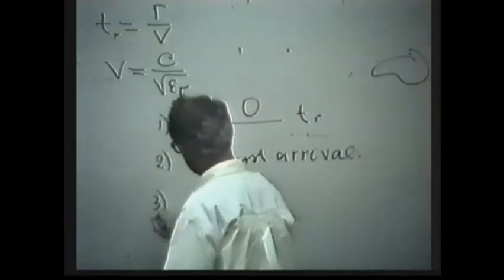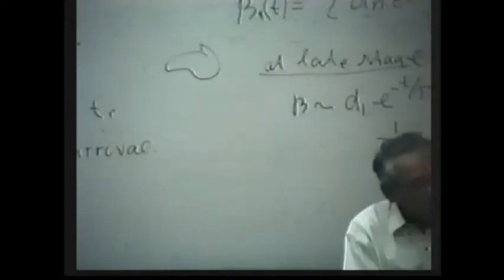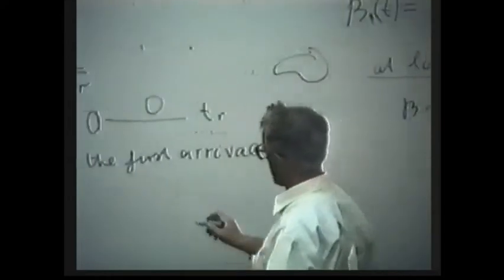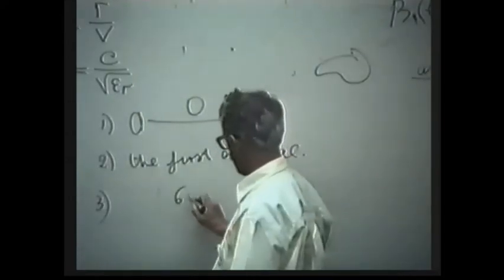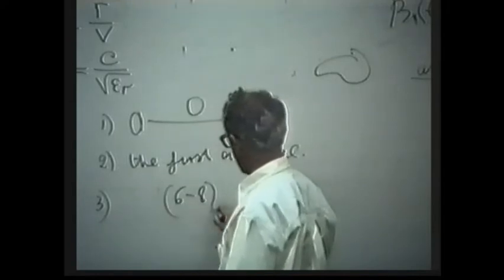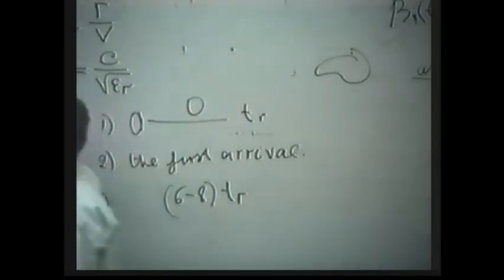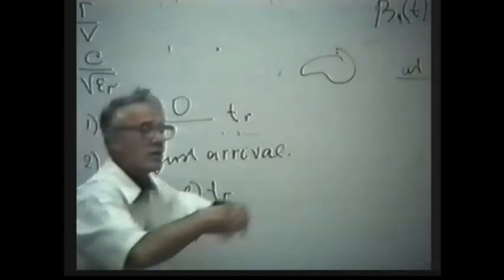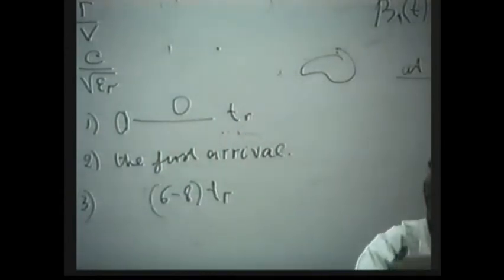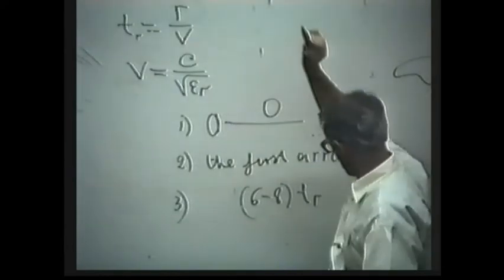Third stage, a time interval of approximately 6 to 8 arrival times. If it's close to the transmitter, it happens very quickly. If it's far away, a little longer. So arrival time equals distance over velocity, times an order higher.